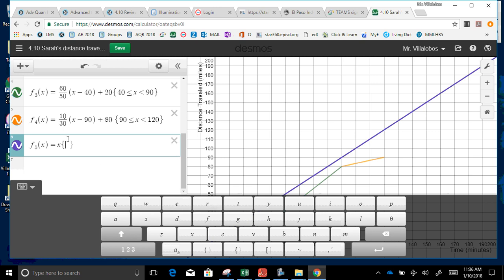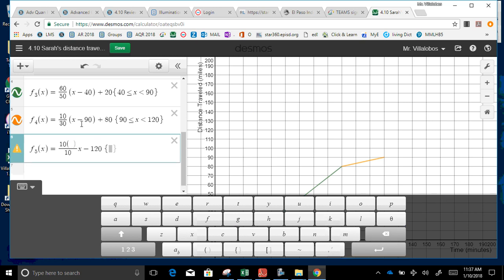So x minus 120, plus 90, because you were at 80 but you added 10 miles, so you're now at 90.